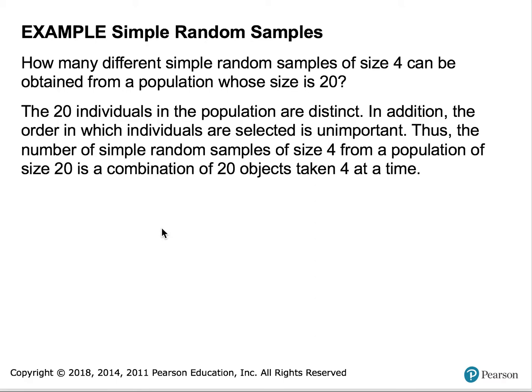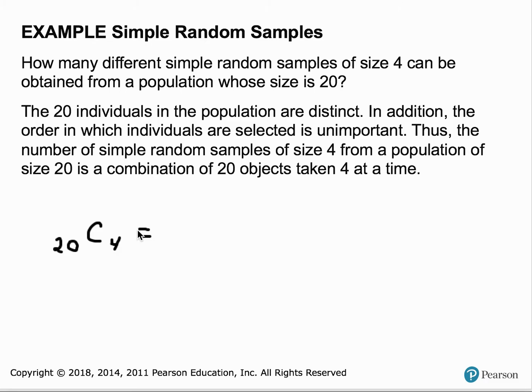So the 20 individuals in the population are distinct. 20 different people. In addition, the order they're selected is unimportant. So the number of simple random samples of size 4 is a combination of 20, choose 4.